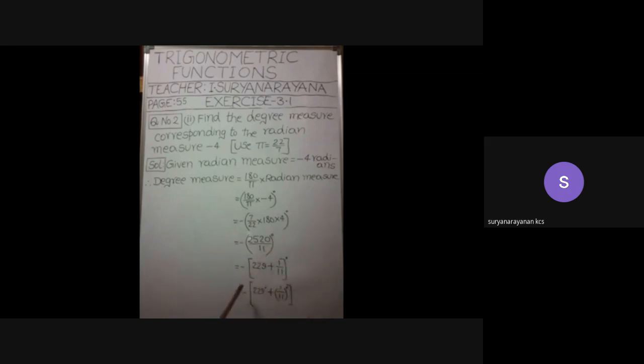That is equal to minus of 229 degrees plus 1 by 11 degrees. Here again we convert this into minutes, and after that into seconds also, because there are smaller units in the degree measure.